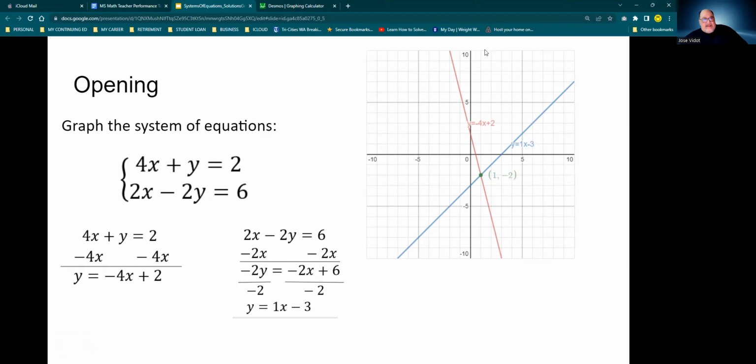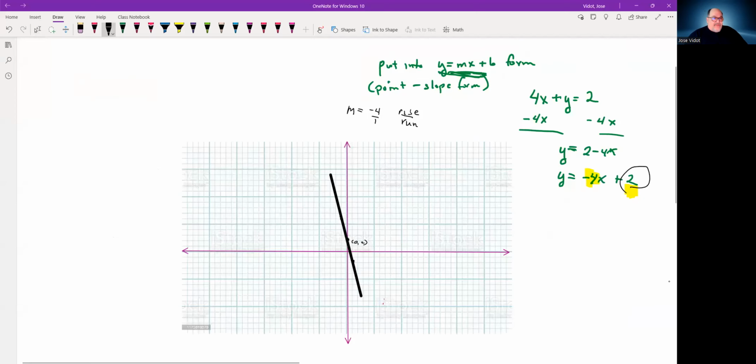Well, let's go back to my grid and I'll show you. So we said the solution was 1, negative 2. That means that your x value is a 1 and your y is negative 2.